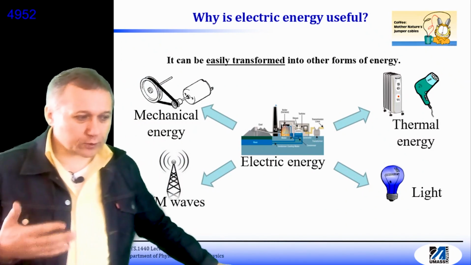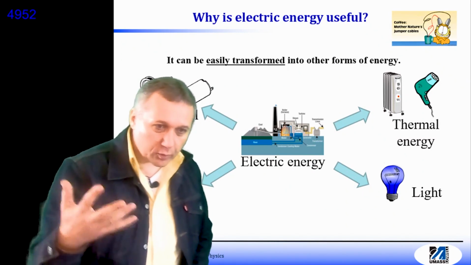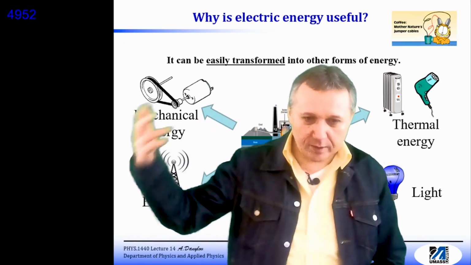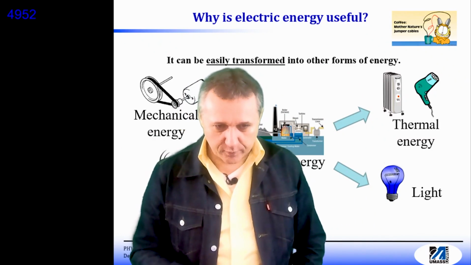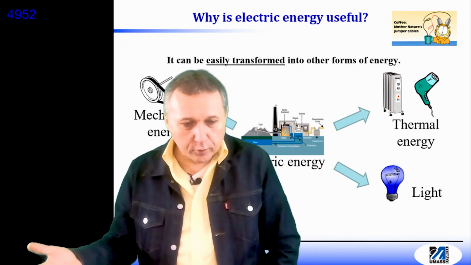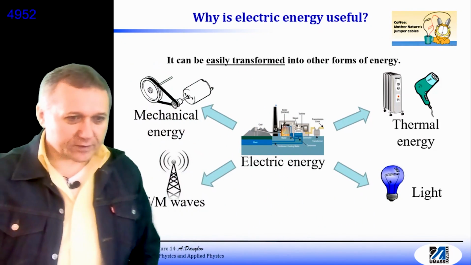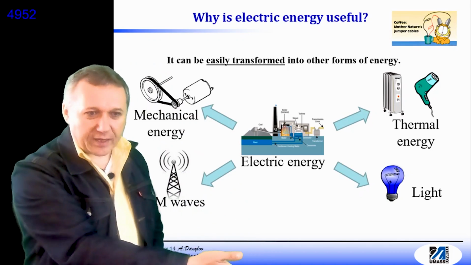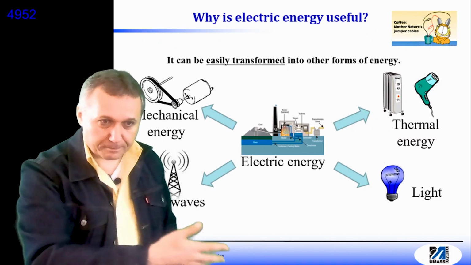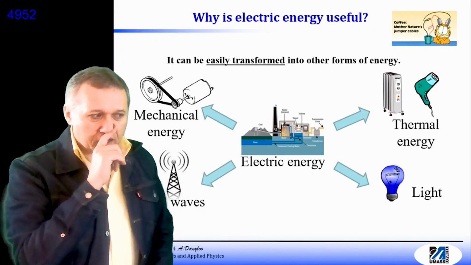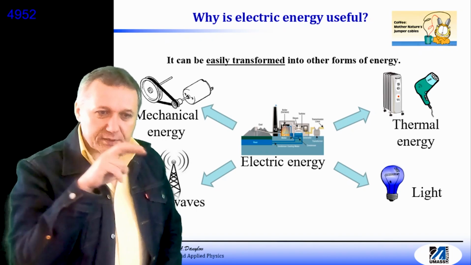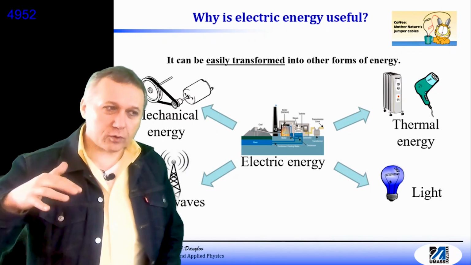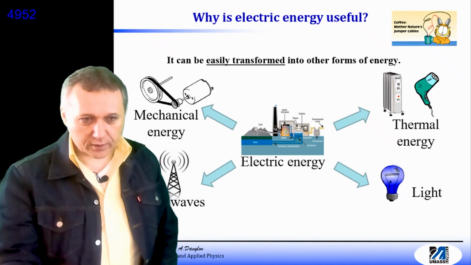Okay, so now the next logical question. If we transform the electric form of energy into something else all the time, of course the logical question is, how much energy do we transform? Absolutely logical. But actually, scientists went even one step deeper in this question. They don't ask just how much energy is transformed.